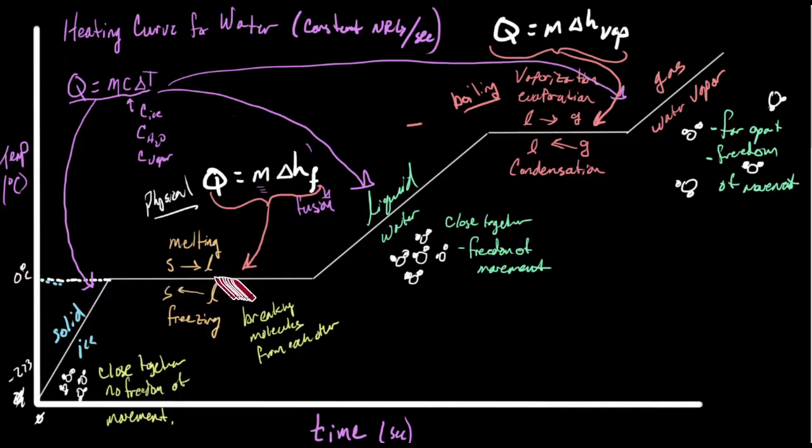Then we'll come through here, and this is mass times the heat of fusion, as ice is changing. And then over here, we're back to mcΔT because we have changes in temperature, but this time we'd use a c for the water. Then we have the heat of vaporization here. And then once it all evaporates, we can start increasing the temperature of the gas again.